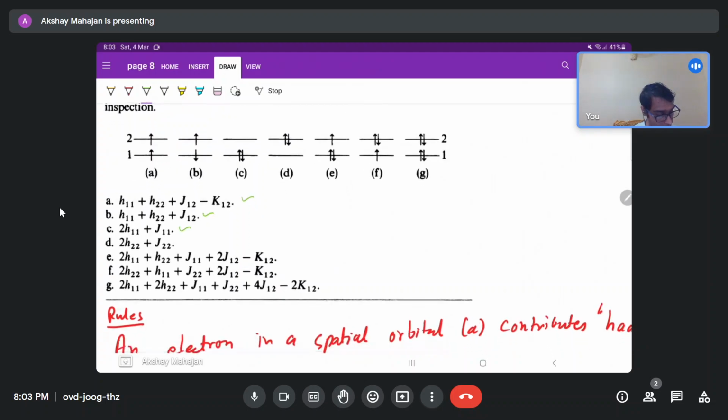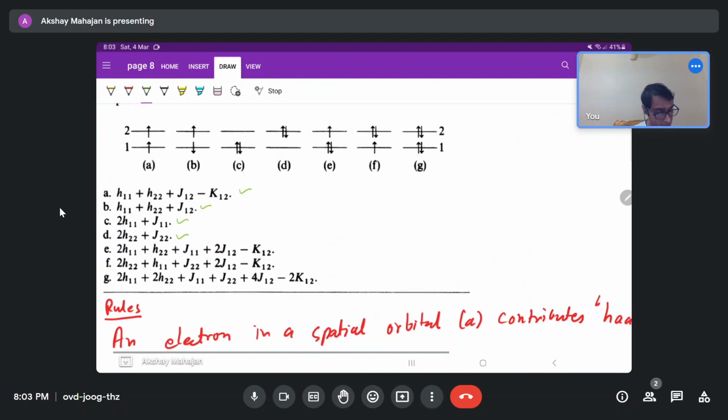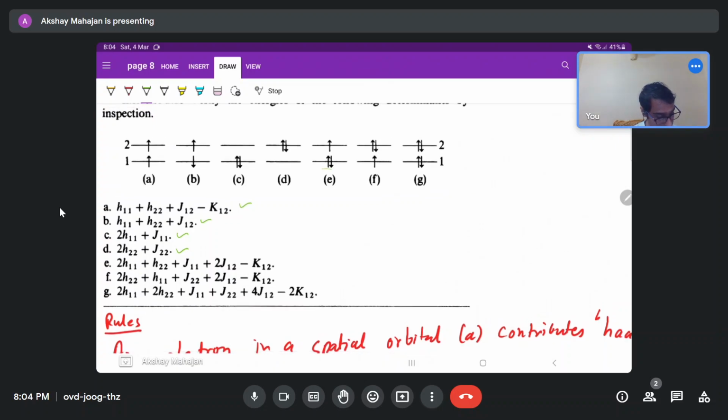In the D part, both electrons give H22, so we will have 2 H22, plus a Coulomb term J22, but again these are anti-parallel spins, so we will not get any exchange term. So this is also correct. Now the E part: we will have 2 H11 from these 2 electrons, and then 1 H22 from this electron.